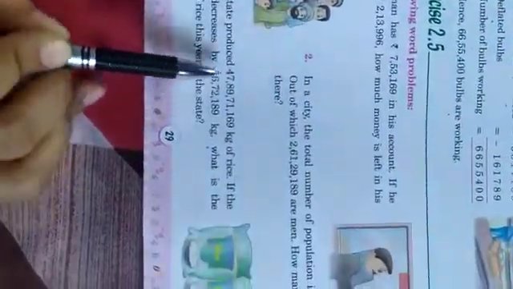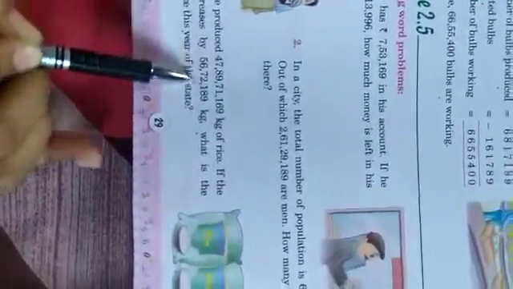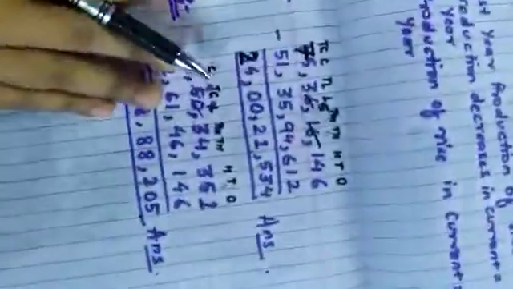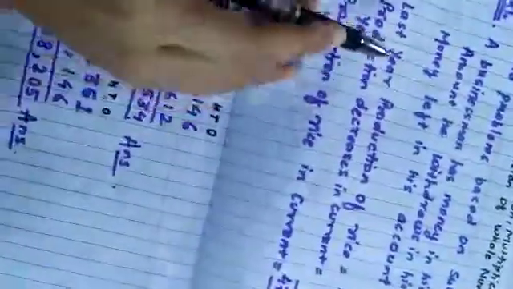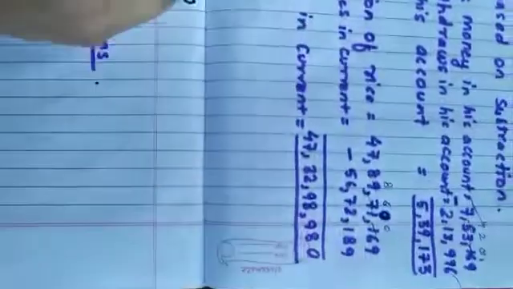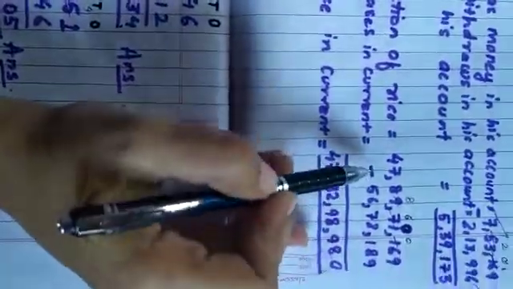It means last year's production is given, and this year production decreases by a given amount. We have to find the production of rice this year. Again see question number 3. Last year production of rice is given. Production decrease in the current year is also given. Production of rice in the current year, how will we find? By minus.